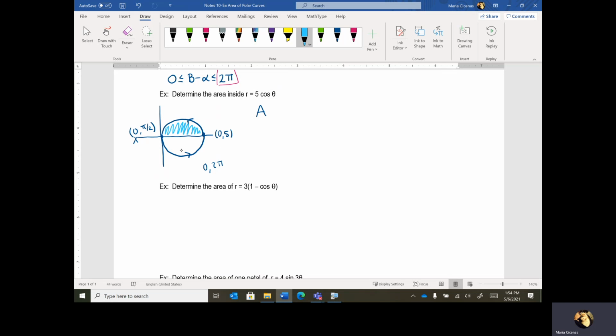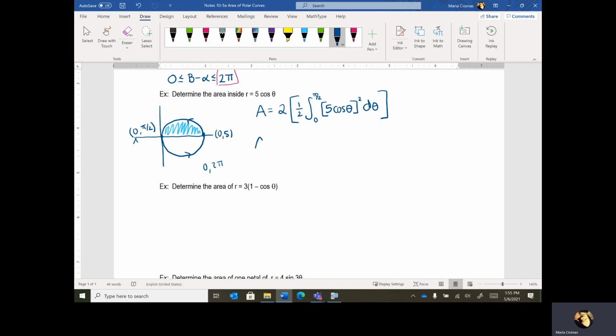Just a couple is fine, because I know I can just take that area and multiply by 2. Don't forget the 1/2 as part of our formula, right? It's 1/2 r squared d theta, area of a sector. I just have to integrate from 0 to pi over 2. We're squaring our function, our radius, to get our answer.